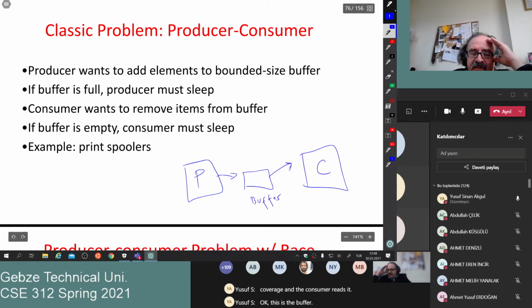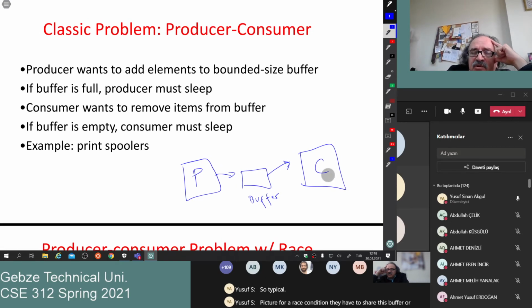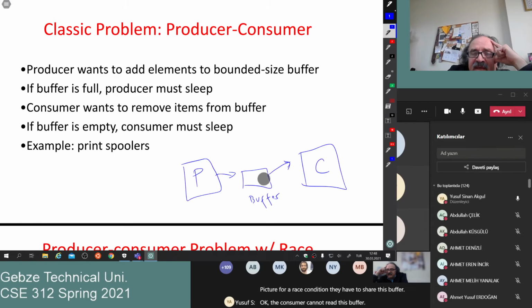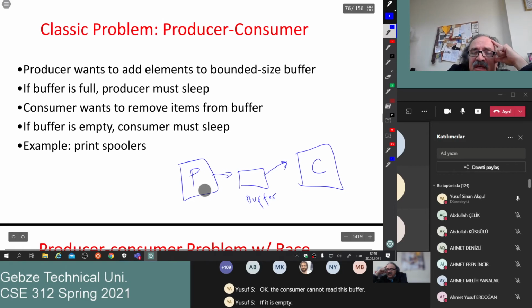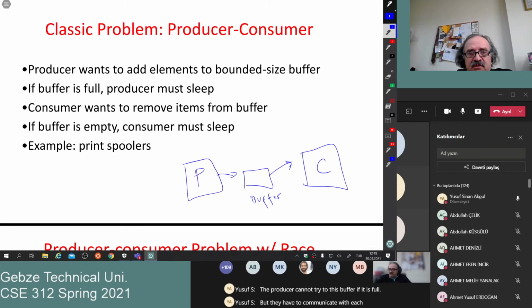So this is a typical picture for a race condition, they have to share this buffer. The consumer cannot read this buffer if it is empty. The producer cannot write to this buffer if it is full. So they have to communicate with each other.